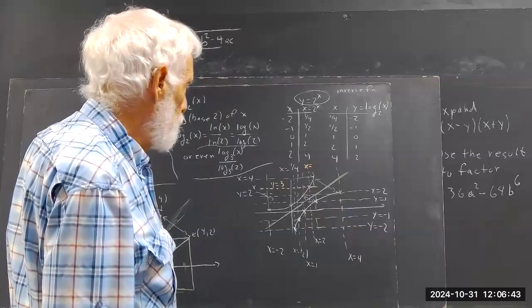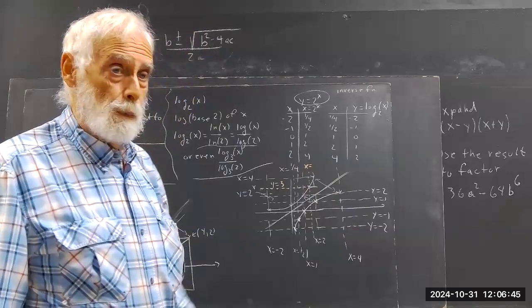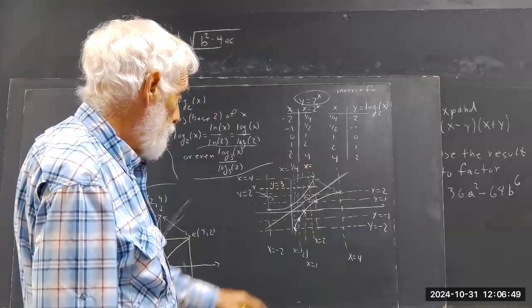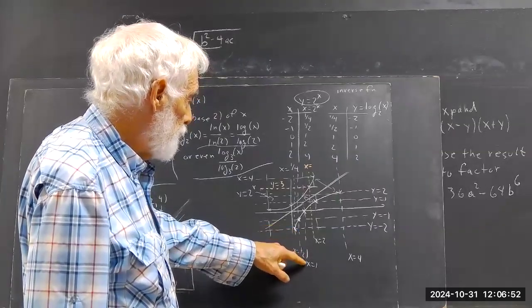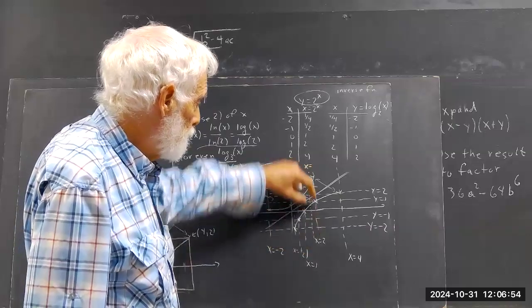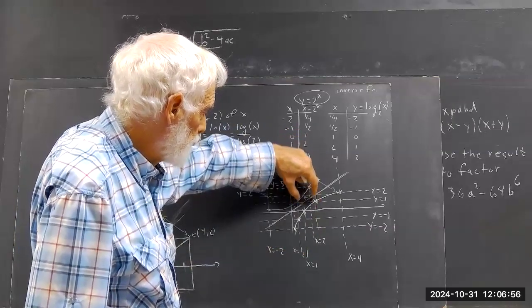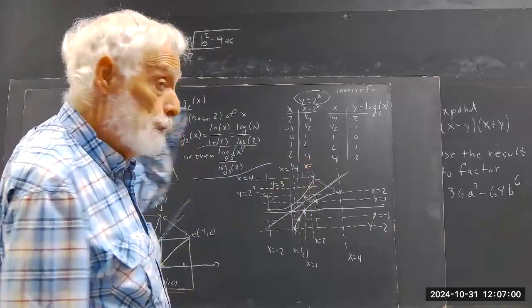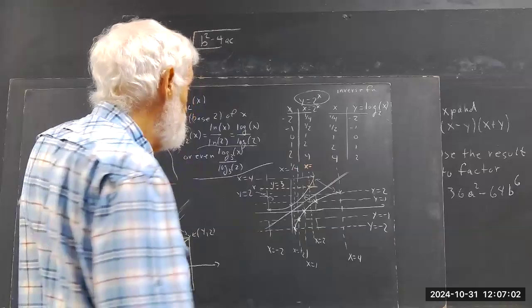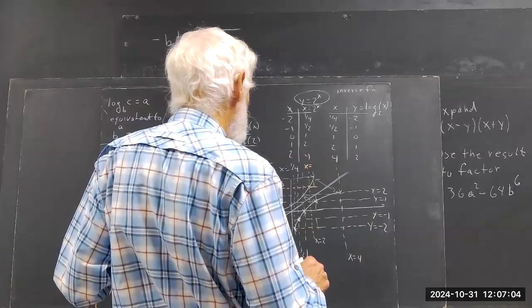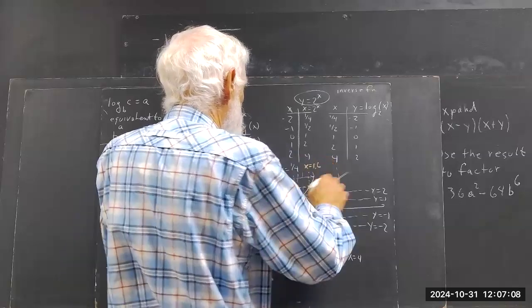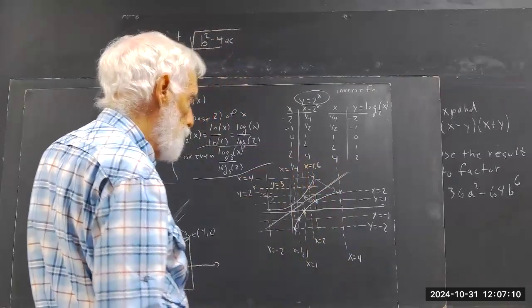What does that x value look like to you? Well, we've done a lot of estimating. Here's the x equals 1 line and here's the x equals 2 line. We're between x equals 1 and x equals 2. It looks like maybe a little closer to x equals 2. Maybe it's x equals 1.5, but I don't think so. I think it's about x equals 1.6, a little closer to this line than to that line.